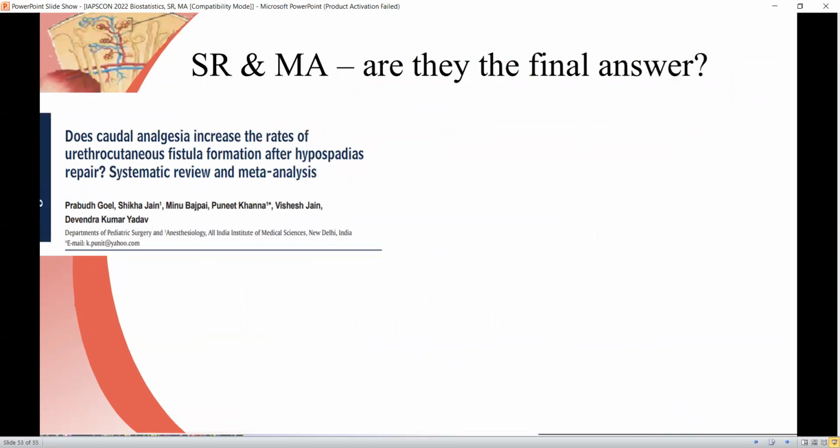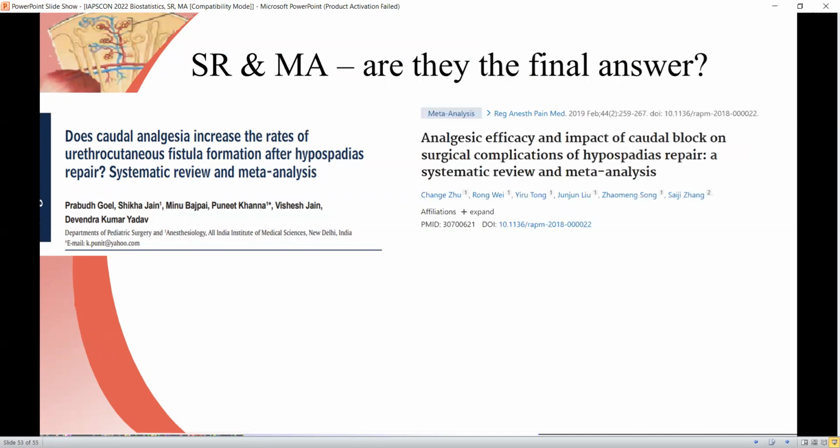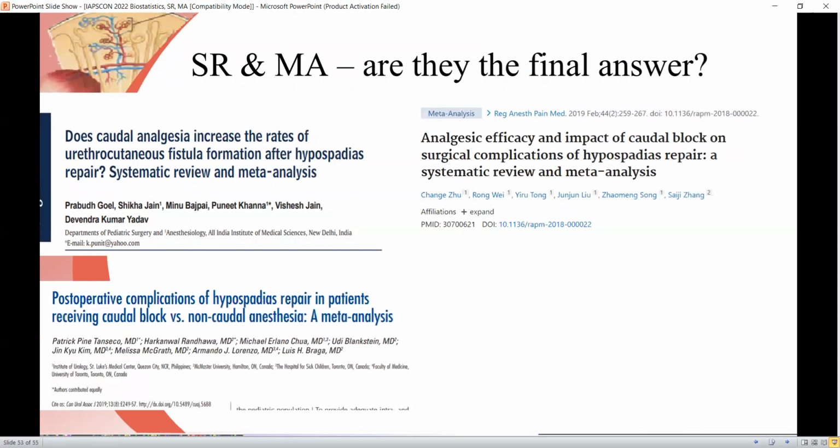Here, these papers looked at whether caudal analgesia increases the rate of urethrocutaneous fistula formation in 2019, and they said that it does increase. Then there was another paper in 2019, where they said that caudal analgesia increases complications, but that it can be because of bias.